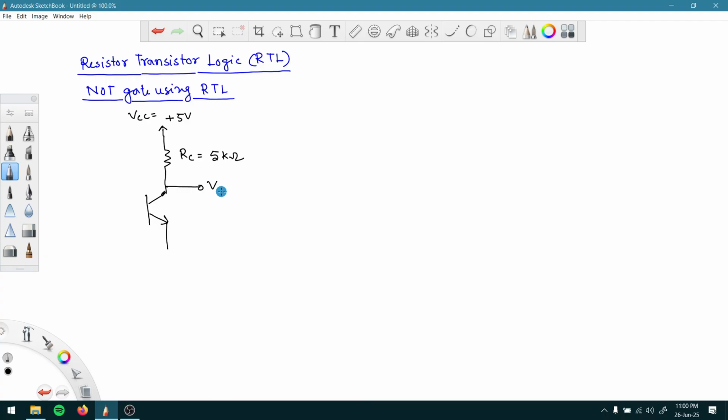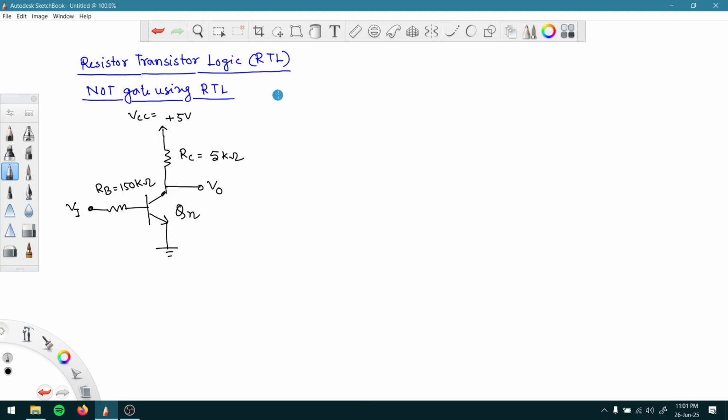VO was the output. We had another base resistor here, then this is the input VI. Base resistance RB was 150 kilo ohm, and this was directly connected to ground. So this was the circuit, and this transistor was named QN.